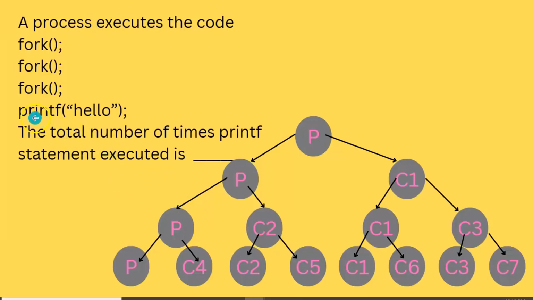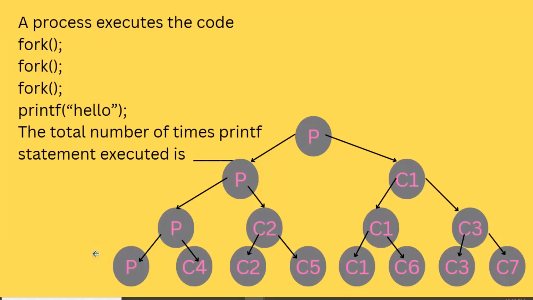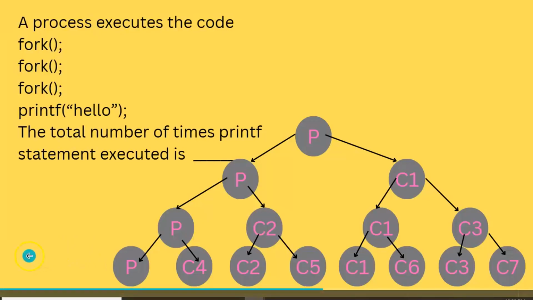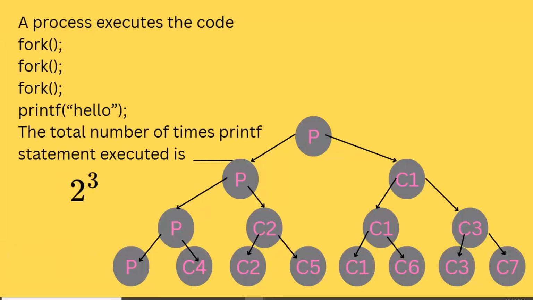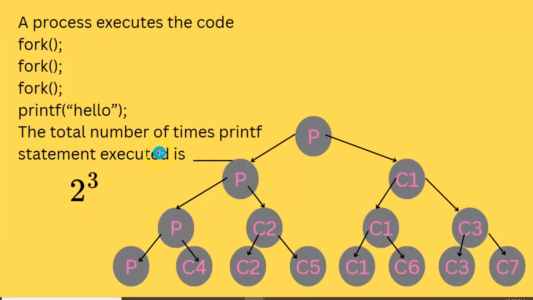The printf statement occurs after 3 fork system calls. So that means you can see the number of processes at this level is totally 8. So the answer is 2 to the power of 3, that is 8 times the hello will be printed on the display. So the answer is 2 to the power of 3, that is 8 times the printf statement will be executed for this C program.